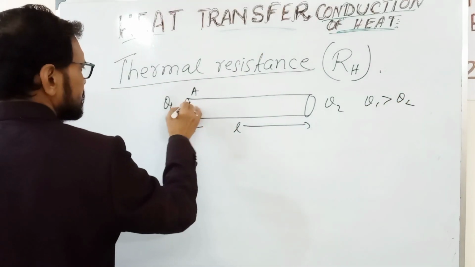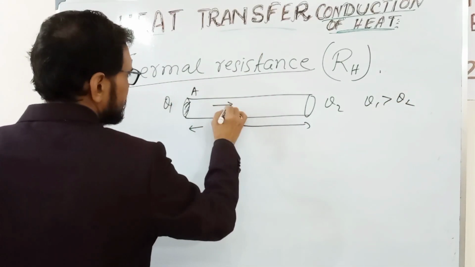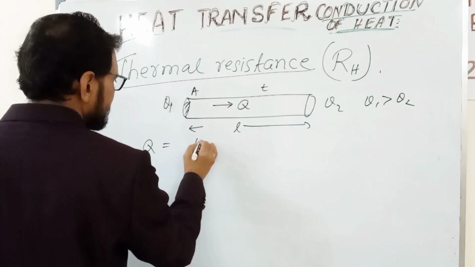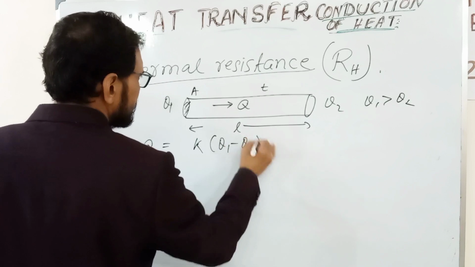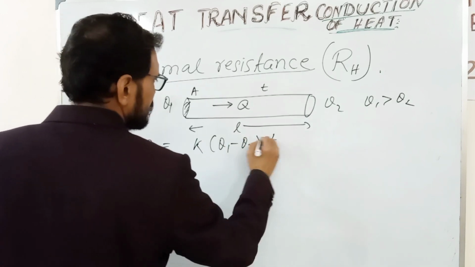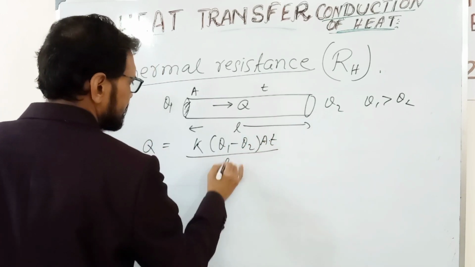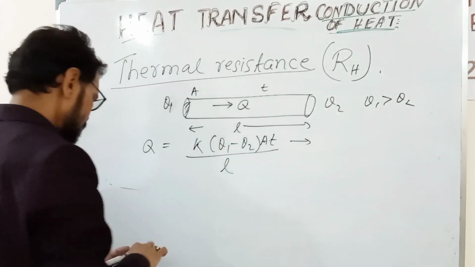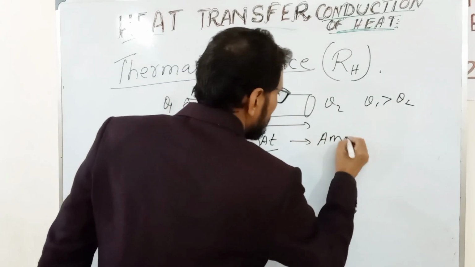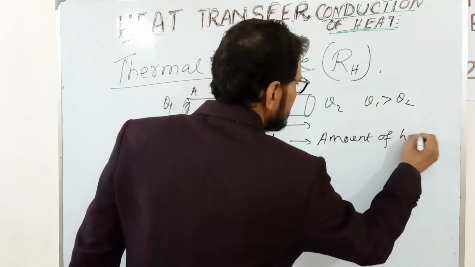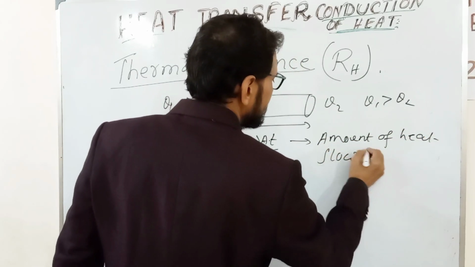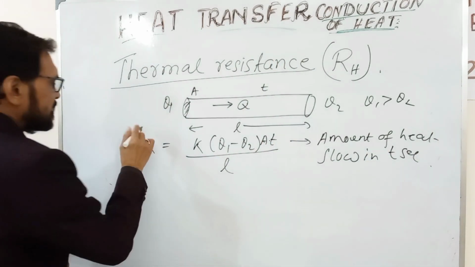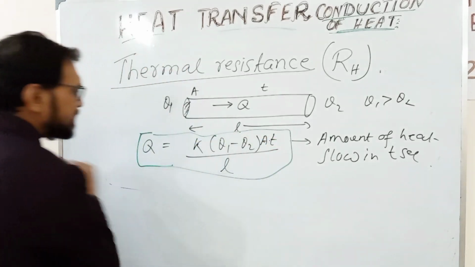The heat conducted in T seconds will be K into (theta 1 minus theta 2) into T into A by L. This is the amount of heat flow in T seconds.